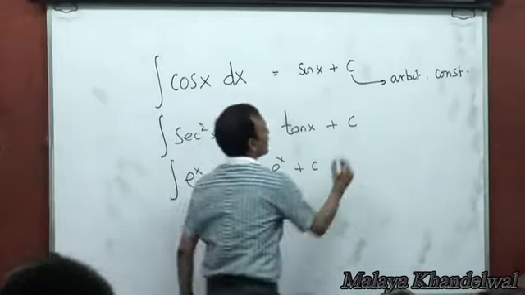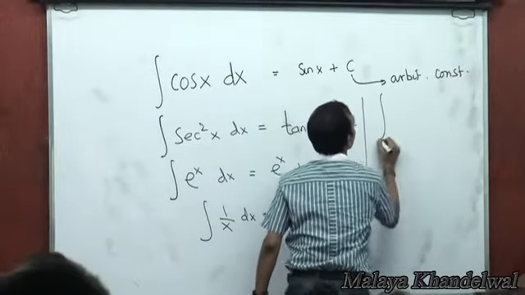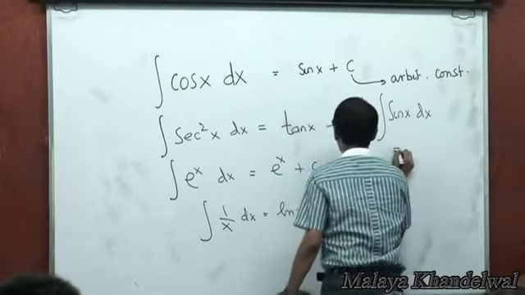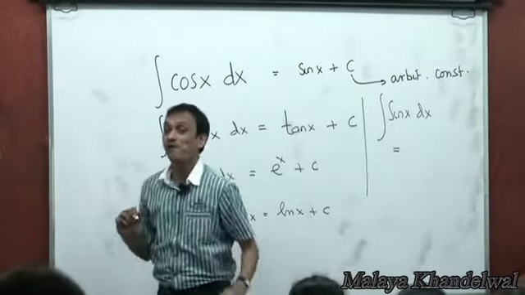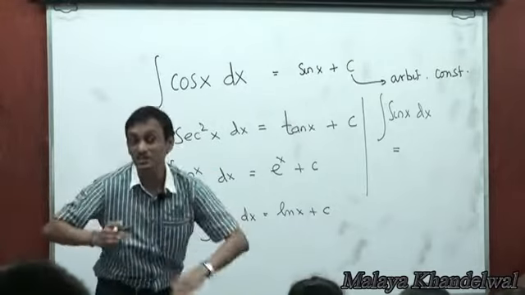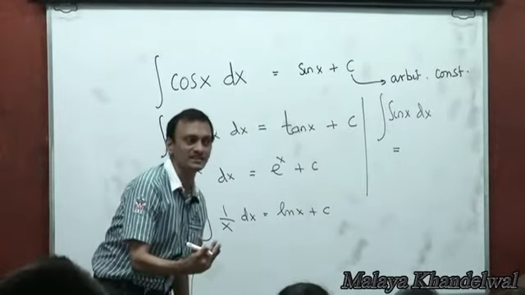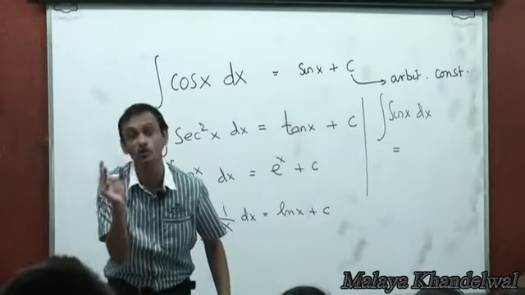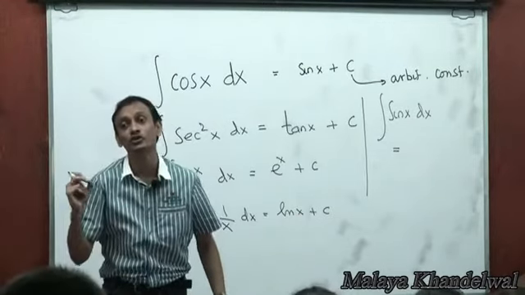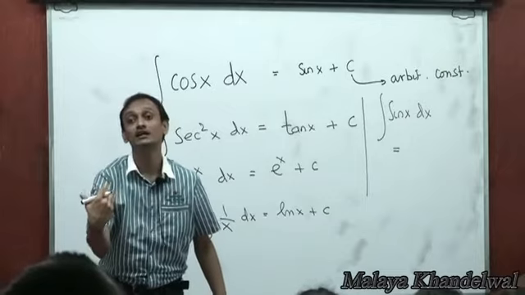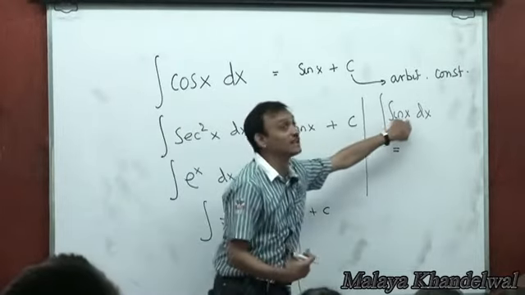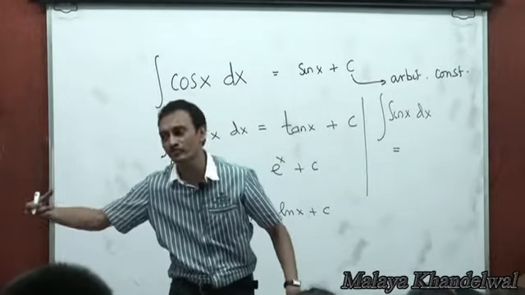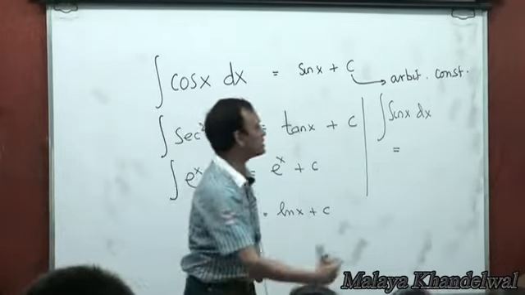If I ask you integral sin x dx. Minus cos x. If you differentiate minus cos x with respect to x, you get sin x, because cos x gives me minus sin x. So integral sin x dx will not be cos x, but will be minus cos x plus, of course, c, an arbitrary constant.